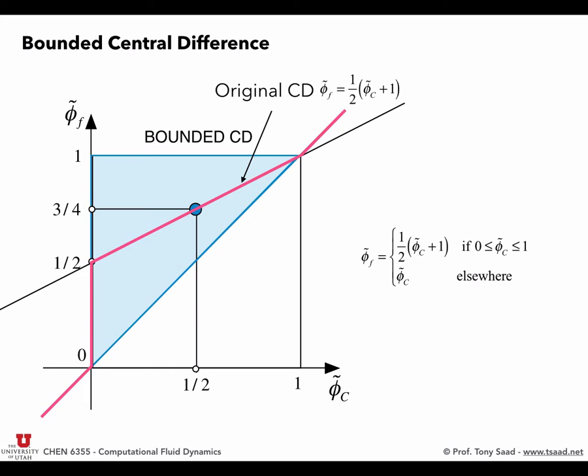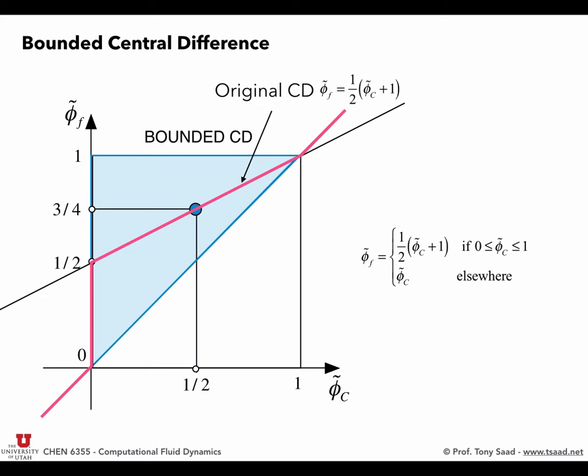It's okay, you can do either. They're consistent, because at phi tilde equals 0 you're going to pick this value anyway, or you're going to get 1/2, which is still in the bounded region.